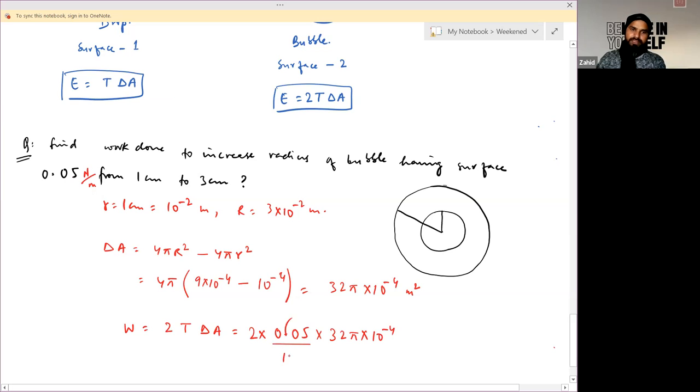On removing the decimal, it will be 10^2.